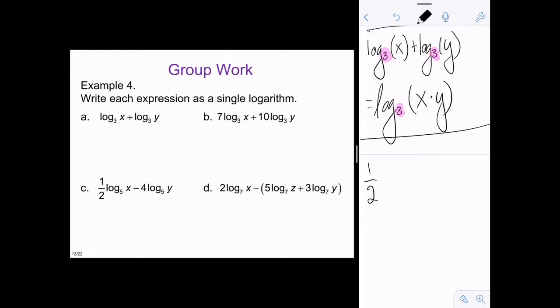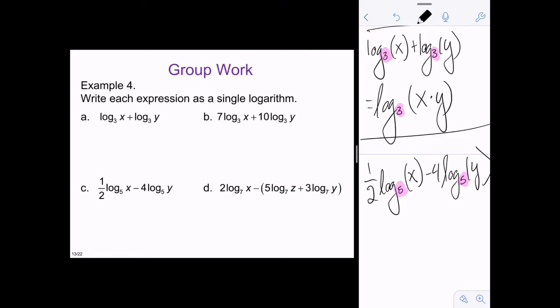So 1/2 of log base 5 of x minus 4 times log base 5 of y. And again, your first thing should be to double check, are those logs the same base? And they are, so I can bring them together as one log. And from here, you kind of have some choices.